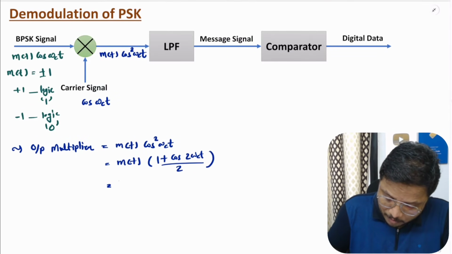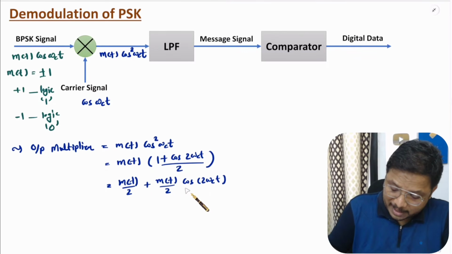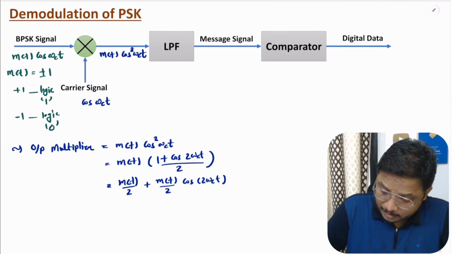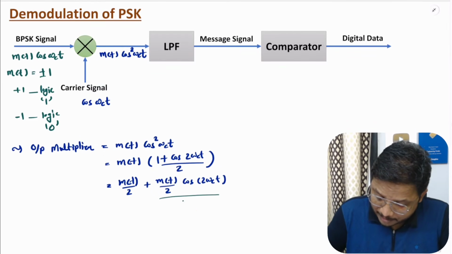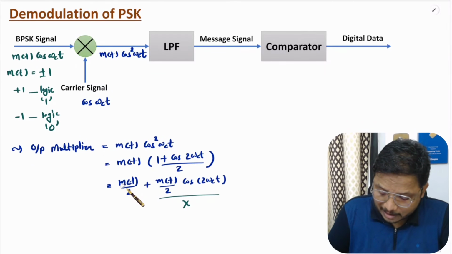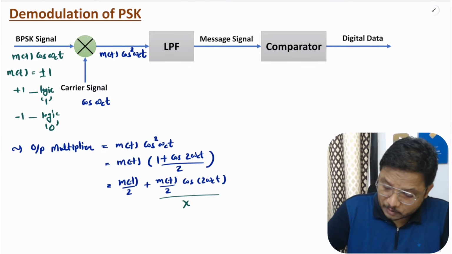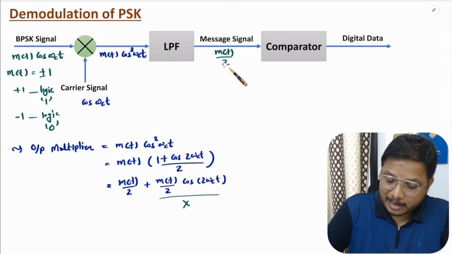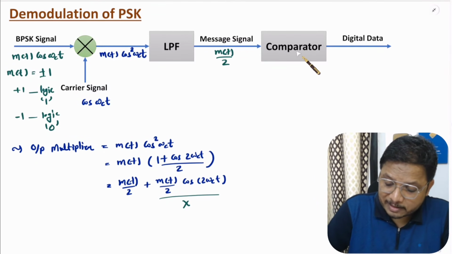So here we have m(t)/2 and we have m(t)/2 into cos(2ωct), right? So when you pass this signal through a low pass filter, what will happen? It will eliminate this high frequency component and will only allow the message signal. So here you will have the m(t)/2 signal, and when you give this m(t)/2 signal to a comparator, we will have digital data.